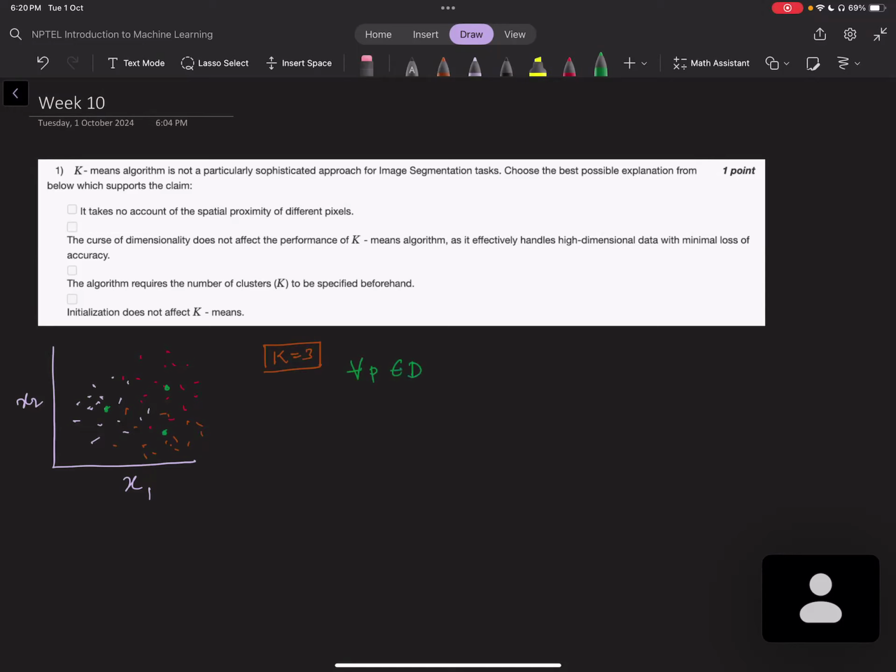For any point p that belongs to the data set, we'll find the distance between the point p and the center c1, the distance between the point p and center c2, and the distance between the point p and center c3, and we'll take the smallest out of it. So we'll take the minimum.